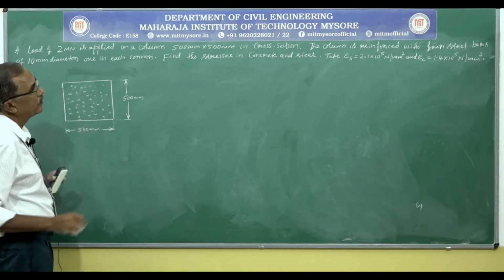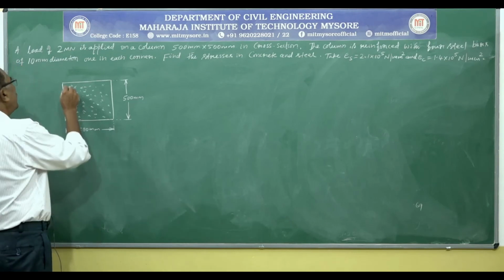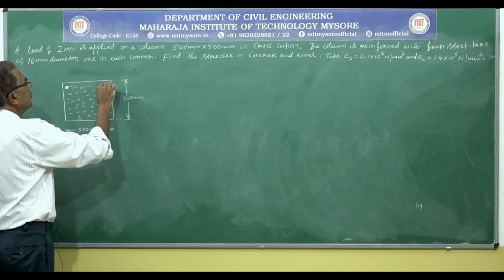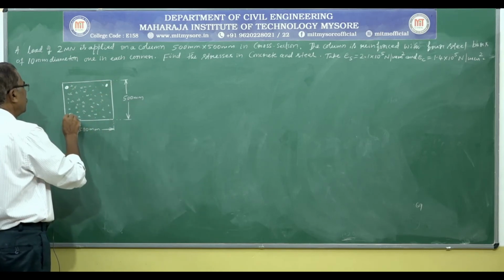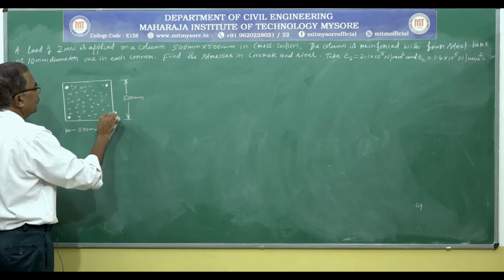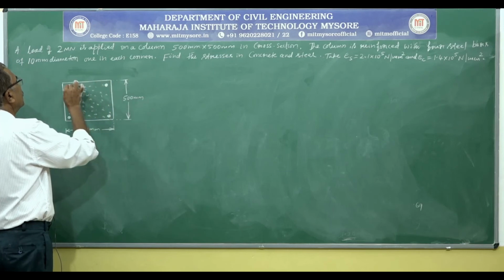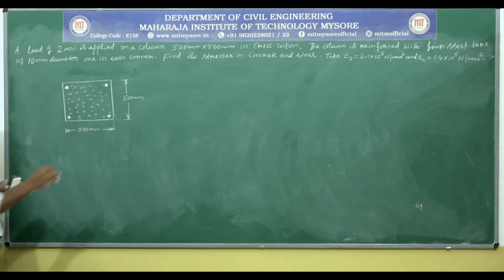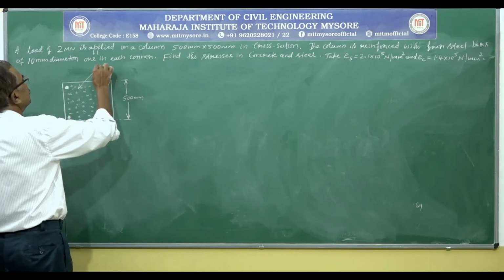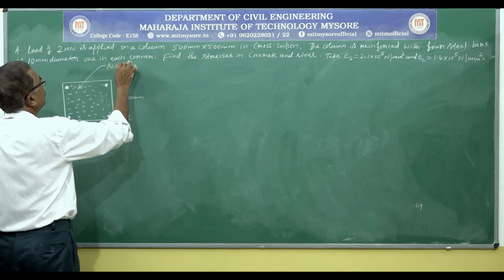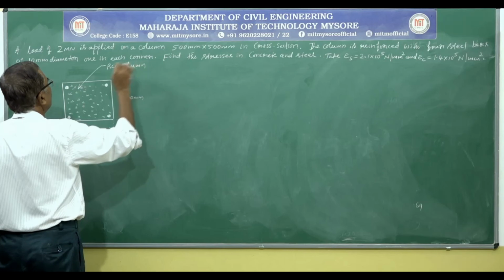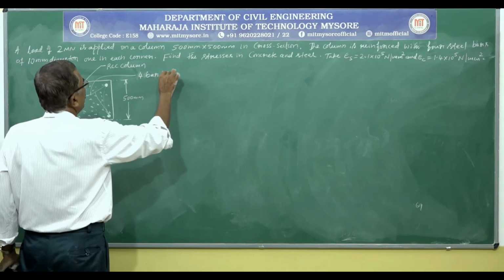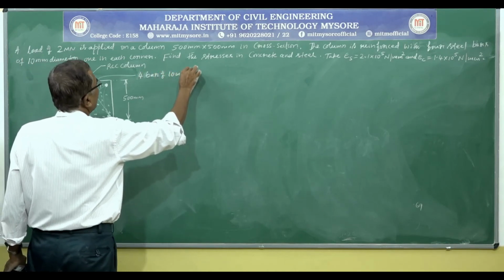It is reinforced with the 4 steel bars of 10 mm diameter at each corner. This is the RCC column, and these are the 4 bars of 10 mm diameter.